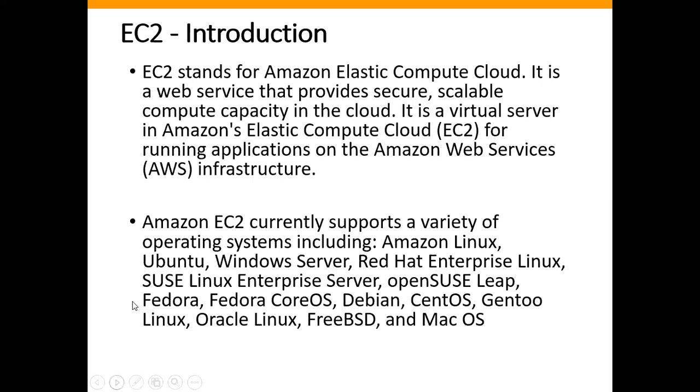Which operating systems are supported by Amazon EC2? Amazon Linux, Ubuntu, Windows, Red Hat, Mac, Oracle Linux, CentOS. So we have a wide range of operating systems supported by the AWS EC2 machine.